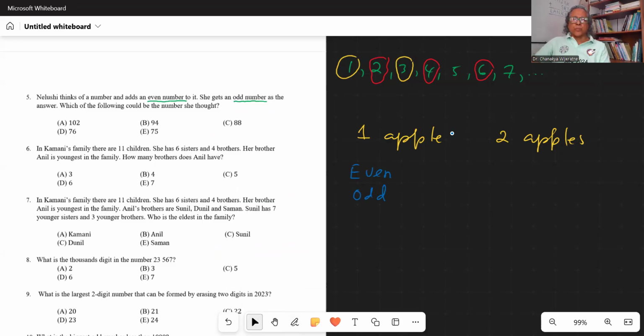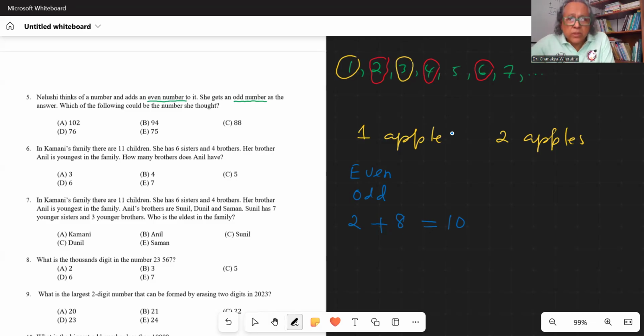Now what happens when you add two even numbers? Like we add 2 and 8, we get 10. Again, an even number. So is it always true that when we add two even numbers, you get an even number?